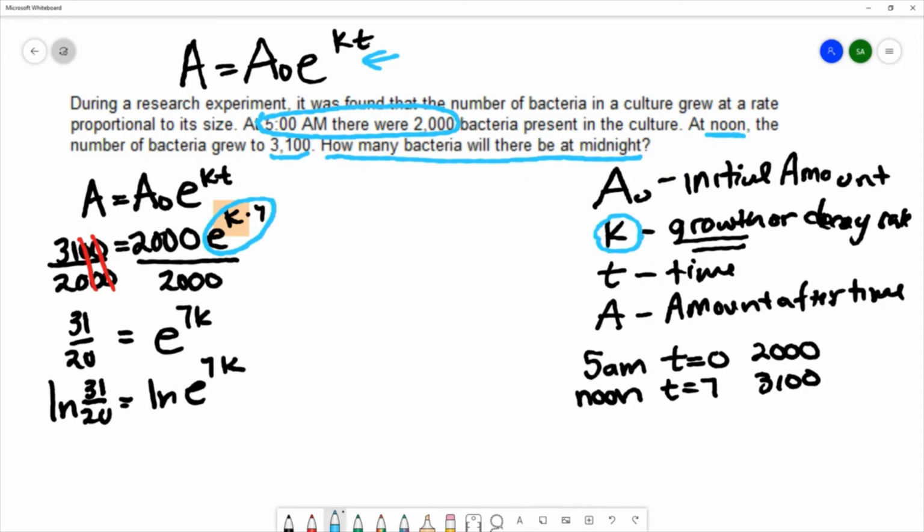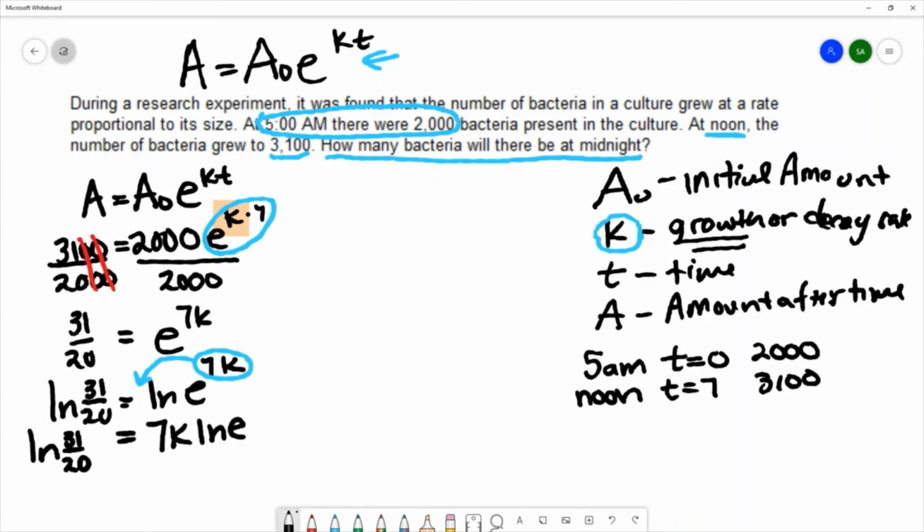Once you introduce the logs, you get all of the properties of logs that you're available to use. And one of them is the power rule, which allows you to move that power out of the exponent and into the coefficient. We have 7k natural log of e. On the left, we'll have natural log 31 over 20.